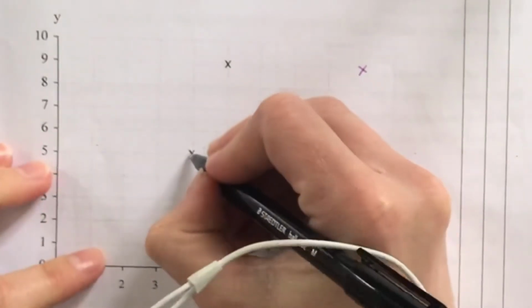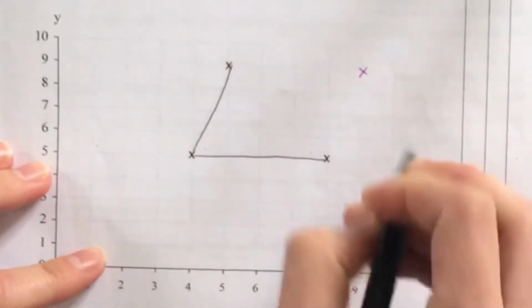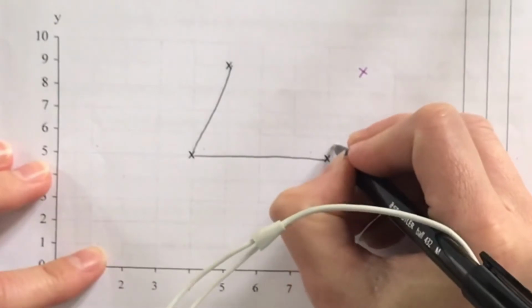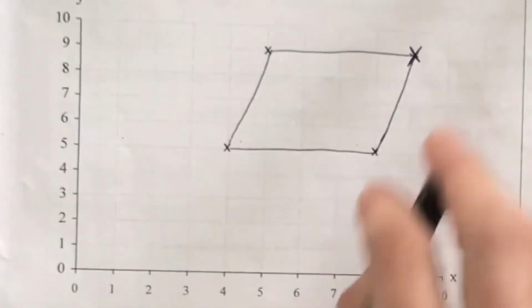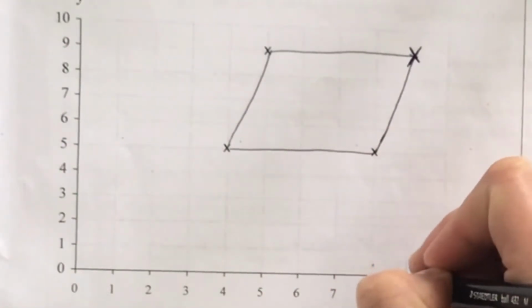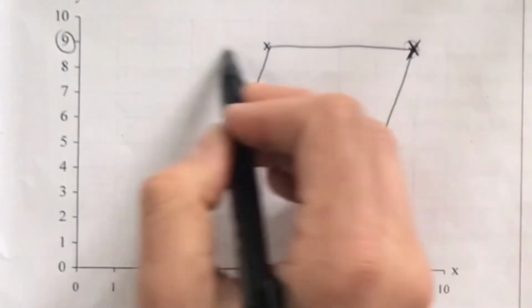So if you join those up like that, and then finish off your parallelogram, joining there to there, the first option for the vertex to complete the parallelogram would be 9, 9. If you go up, it's 9 across and then 9 here.